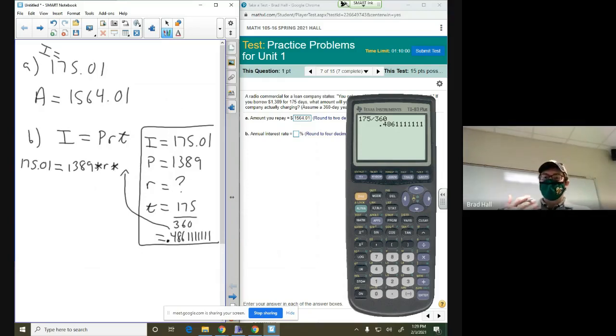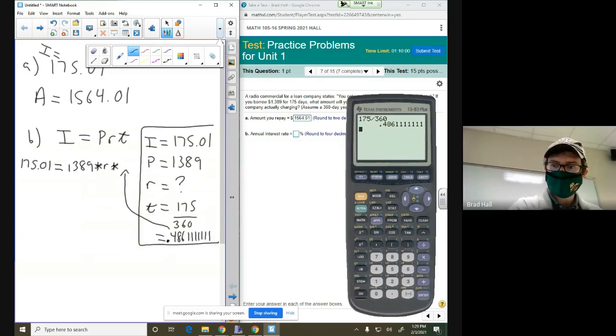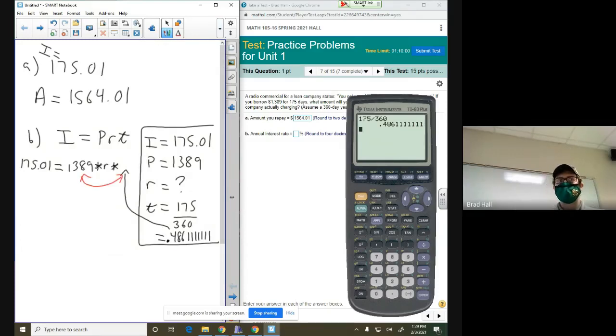So now, well, the bad news is we have to use algebra. The good news is that we can try to simplify some of the stuff before we proceed with the algebra. So we can multiply this with the value that should be right here. Which would give us 175.01 is equal to whatever that product comes out to be.